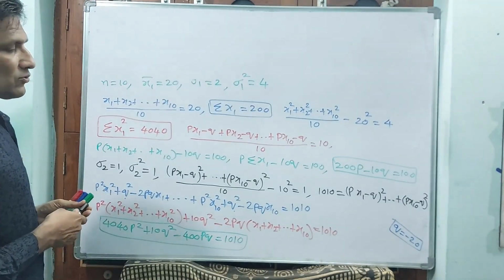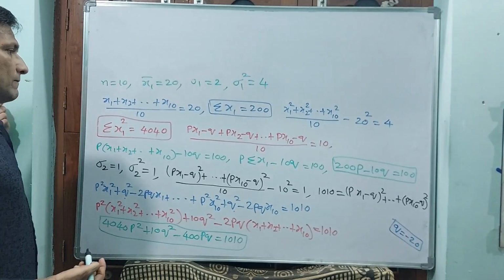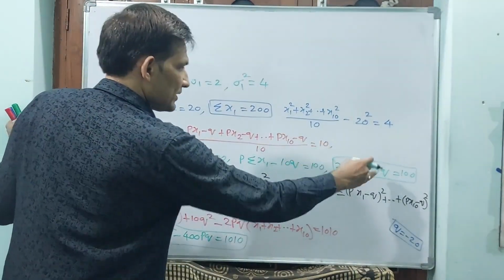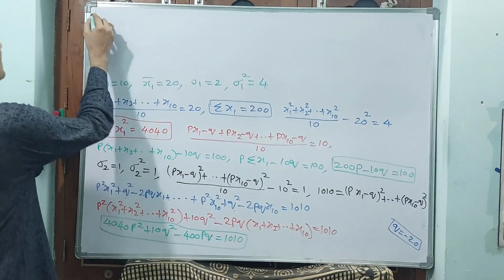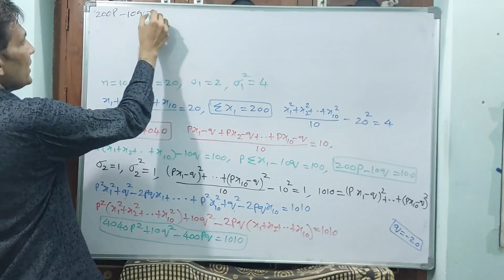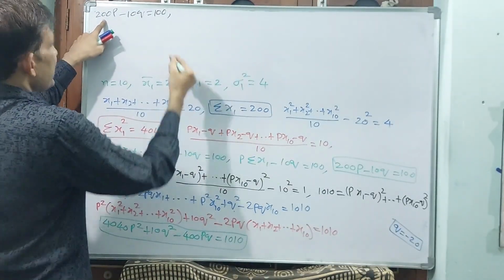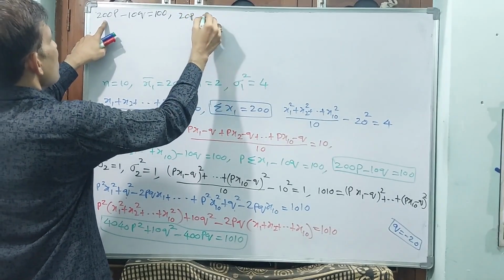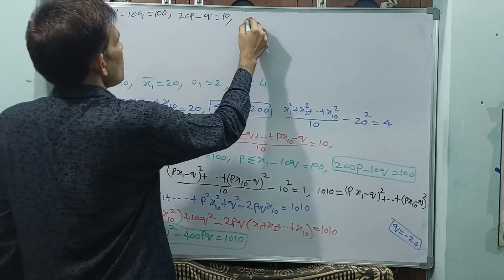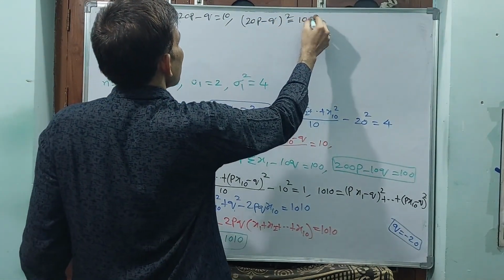Okay, now see what I want to say. I will square on both sides. I will reduce this. Why? Because I will divide by 10. 200p minus 10q is equal to 100. If I divide it by 10, 20p minus q is equal to 10. If I square on both sides, (20p minus q) whole square is equal to 100.